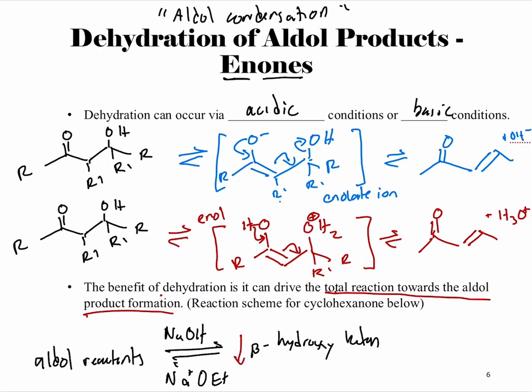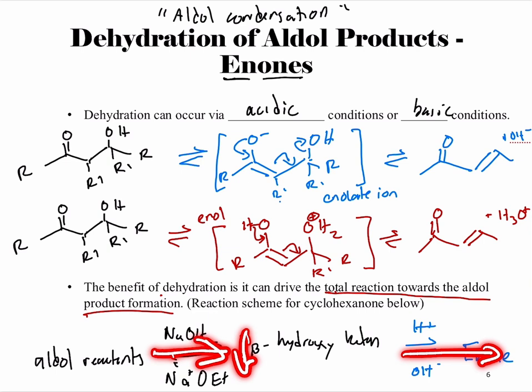And if you lower the concentration of the beta hydroxy ketone by then going through either base or acid catalyzed dehydration to make your enone, right? So if you force the reaction to move this way, you're lowering the concentration of your beta hydroxy ketone, which is going to push this reaction towards completion. This is the same thing as Le Chatelier's principle. This is going to push the reaction towards completion, because you're lowering the concentration of the condensation products by forcing another reaction to happen, which is the dehydration.